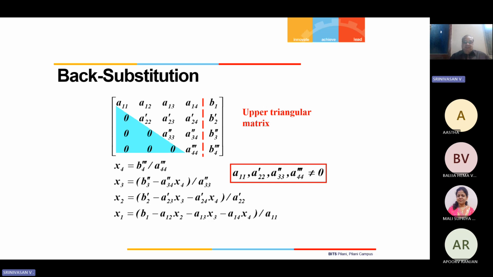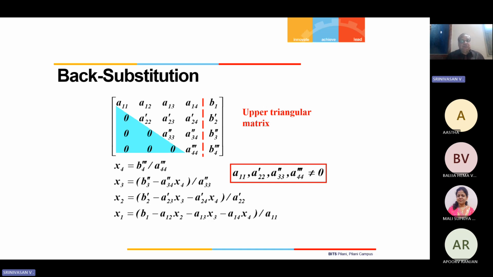But from the second row onwards, you have 0, then A22 dash, A23 dash, A24 dash, B2 dash, some transformation. Then 0, 0, A33 double dash, A34 double dash, B3 double dash. Then 0, 0, 0, A44 triple dash, B4 triple dash. So that you have an echelon form, upper triangular form, and then you are going to have back substitution.